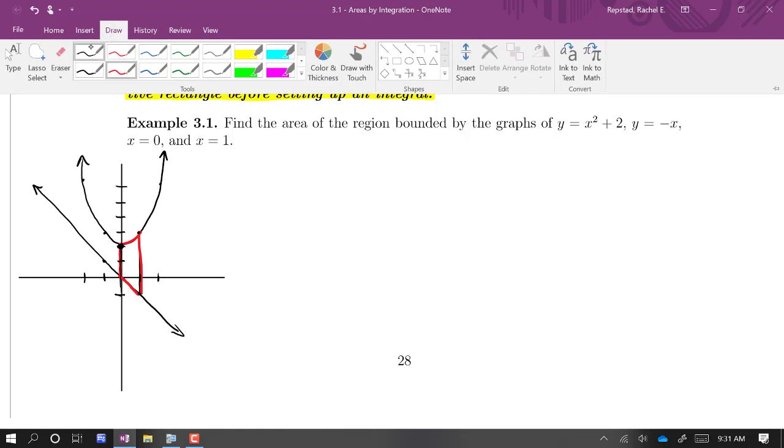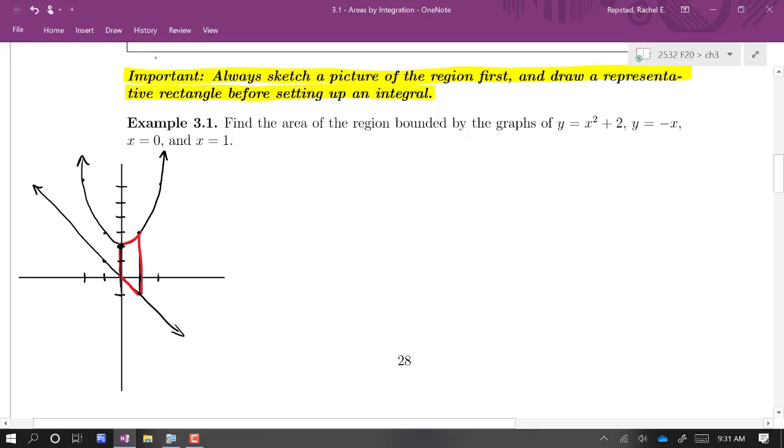The next thing we want to do is draw a representative rectangle. Back in Calculus 1, before we did integration, we would approximate the area under a curve by drawing a bunch of rectangles that fit under the curve. We could find the area of each rectangle, because length times width is pretty easy, and then add them all up. So we're going to pretend that's our approach here, but we're just going to draw one rectangle.